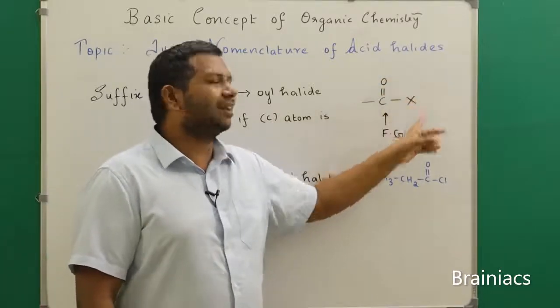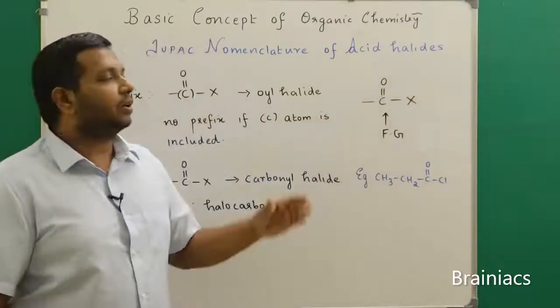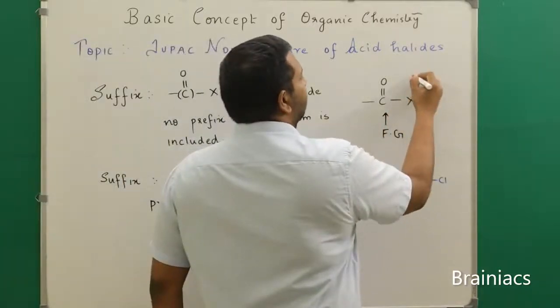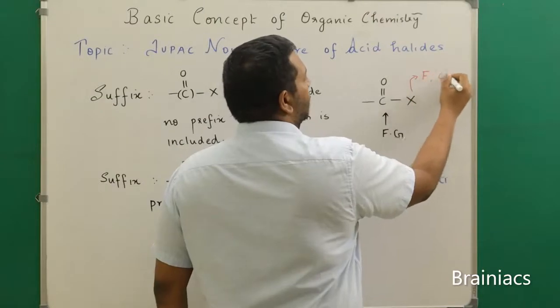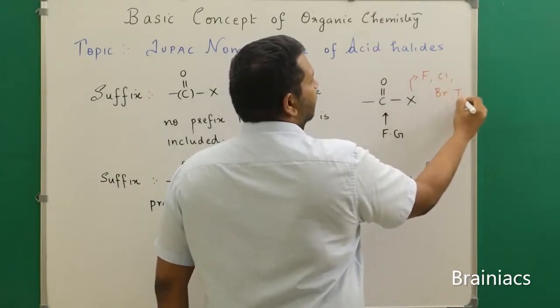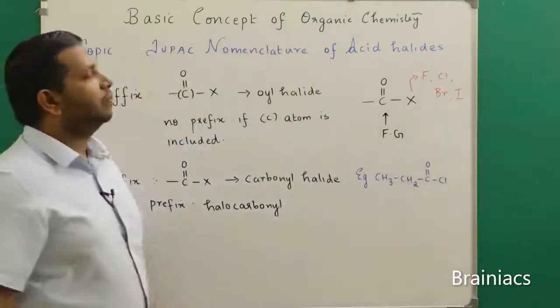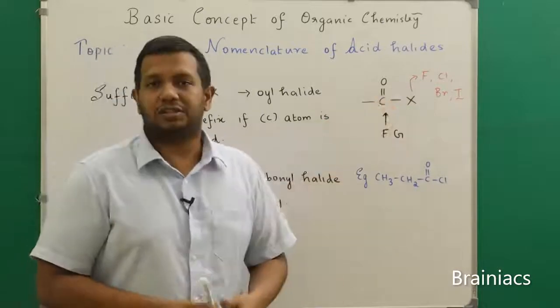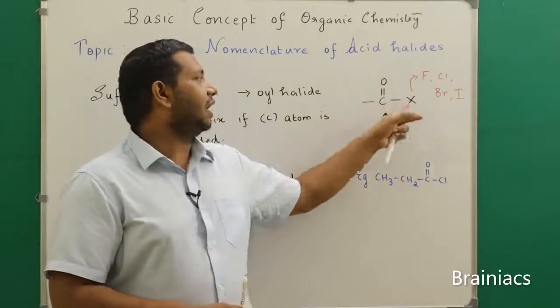Because X indicates halogen. X can be fluorine, chlorine, bromine or iodine. Together we call them halogens, so we say acid halides.